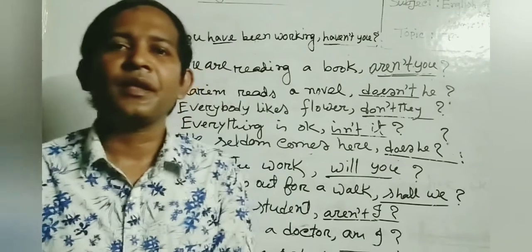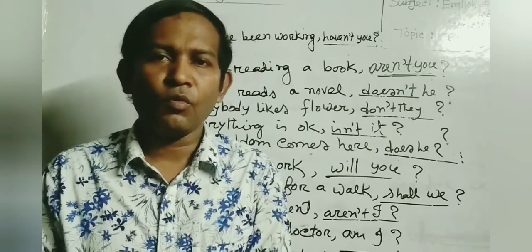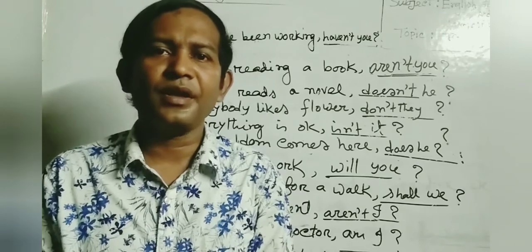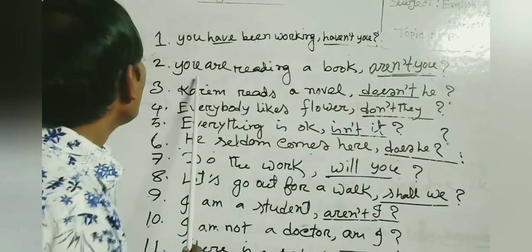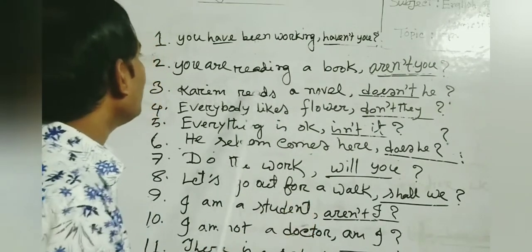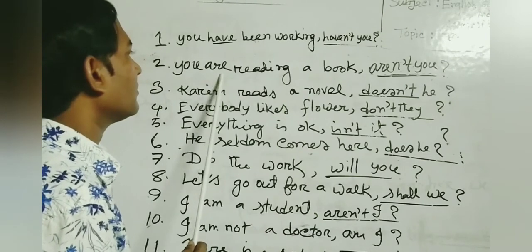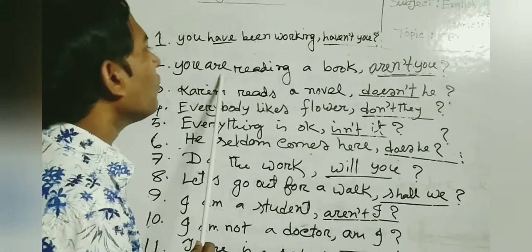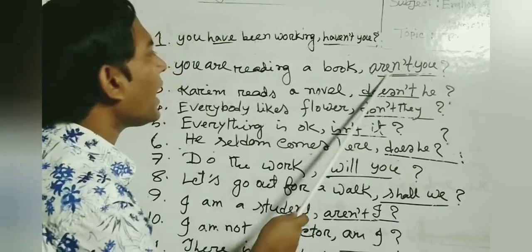Students, if the main clause has an auxiliary verb in it, we use the same verb in the tag question. For example, you are reading a book, aren't you? In this sentence, the word are is an auxiliary verb, so we use are in the tag question. The answer will be aren't you.